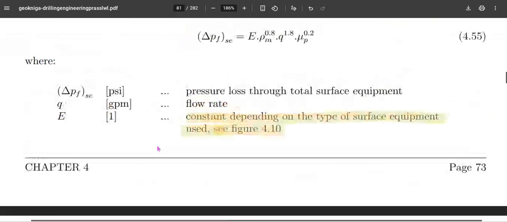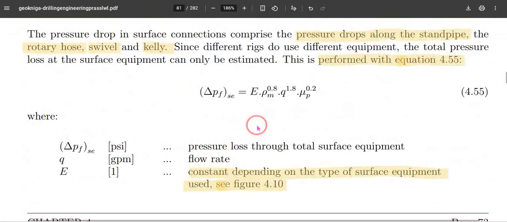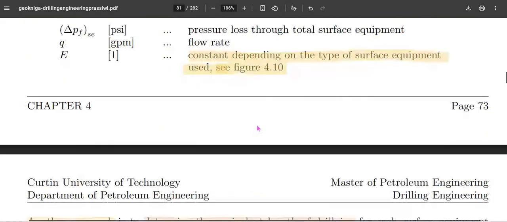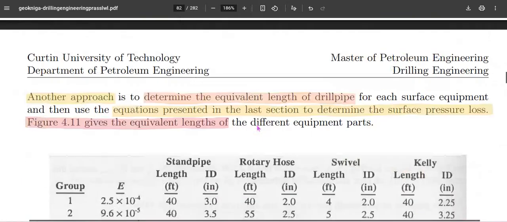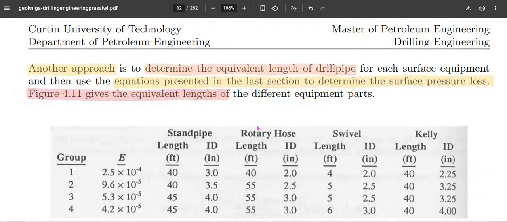But there is another way to compute, instead of using 4.55. Considering all these complicated settings, you can convert them into an equal length of drill pipe. Once that drill pipe for a fixed geometrical configuration has been estimated, then we can use the equations we utilized in the last video, for laminar or turbulent, for Newtonian and non-Newtonian, like 4.45, I think.